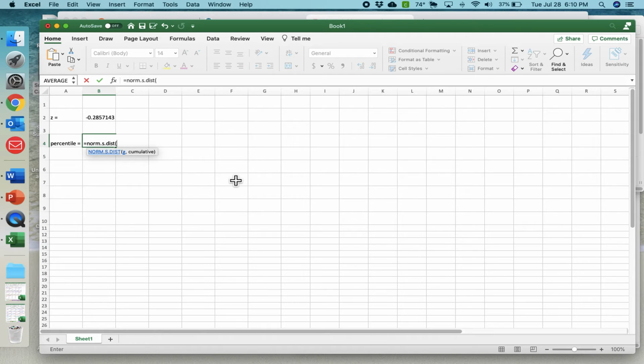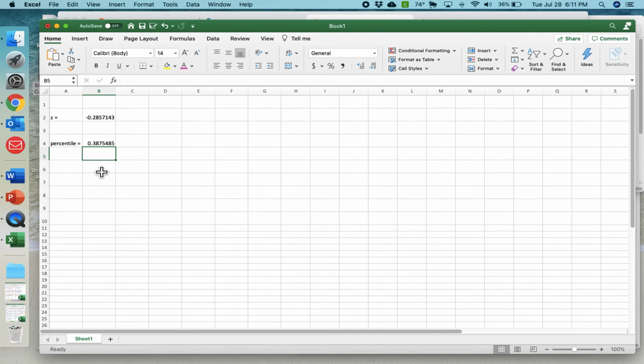Excel knows what I'm talking about, and it tells you what to put in there. It says put in the z-score, so we'll select that. Comma, and like I said, you just put true. Close parenthesis. Hit enter, and there is your percentile.